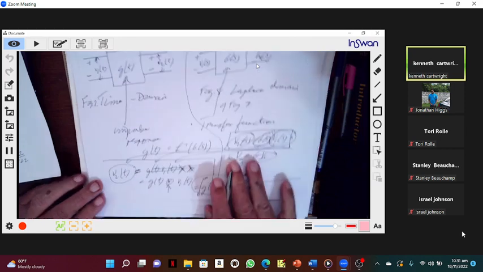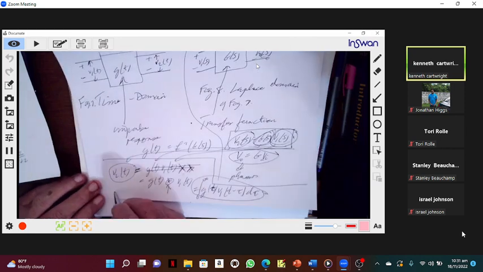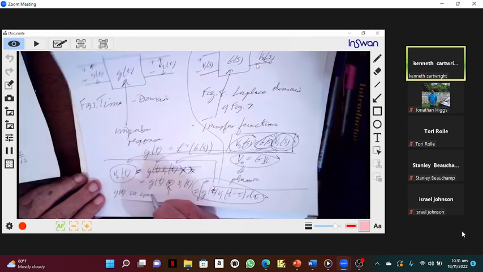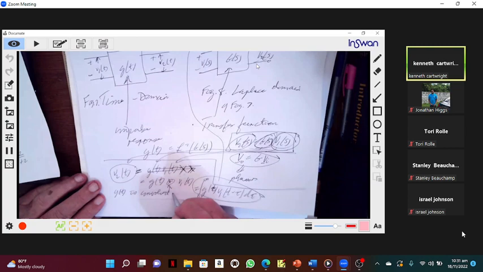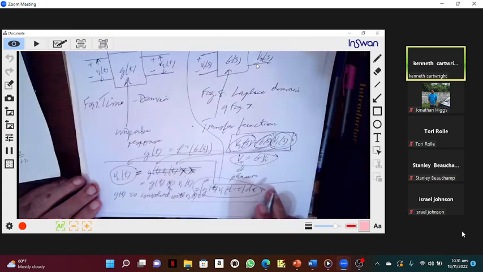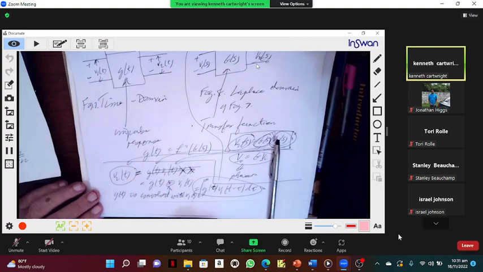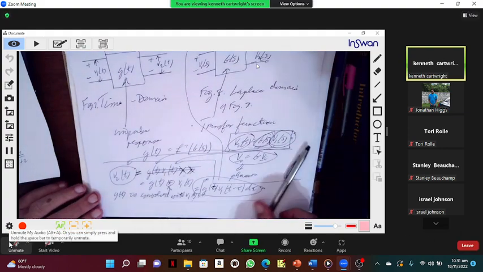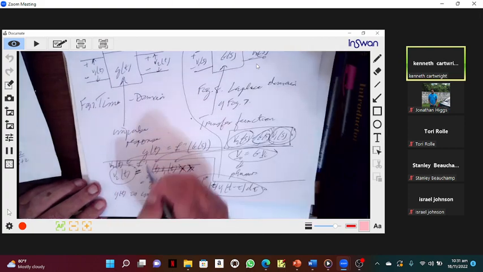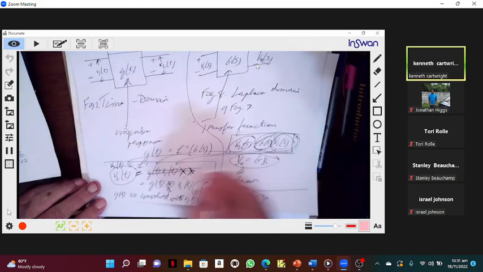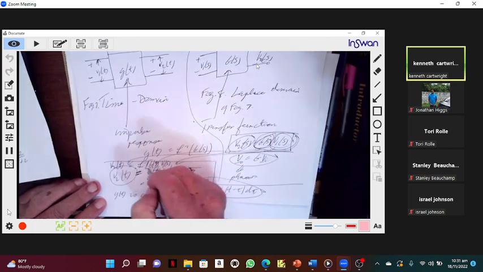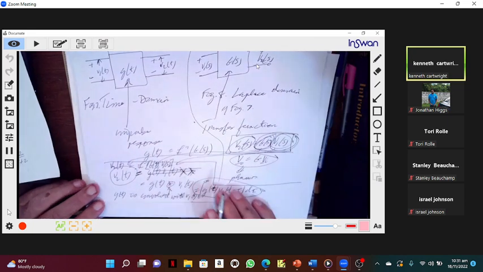G of t is convolved with V1 of t. But that's not how we're going to handle it. V2 of t is going to be the inverse Laplace of this product, inverse Laplace of G of s times V1 of s. That's how we're going to handle V2 of t.